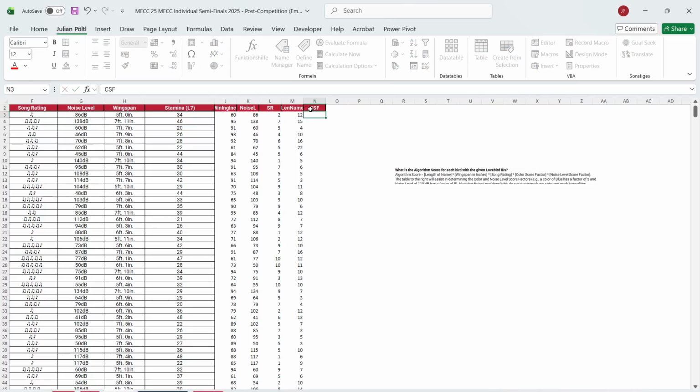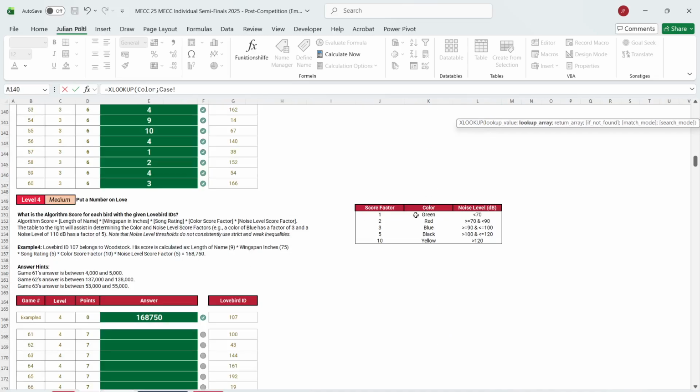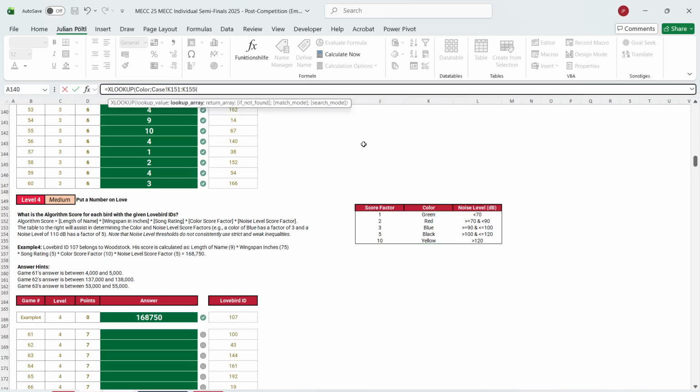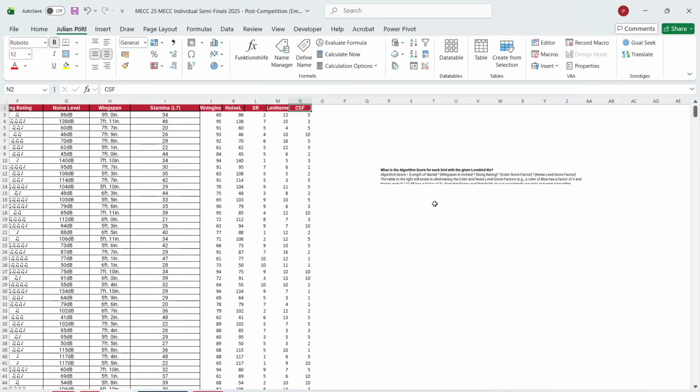Color score factor. Basically an XLOOKUP of the color in here, returning a score, and noise level factor.